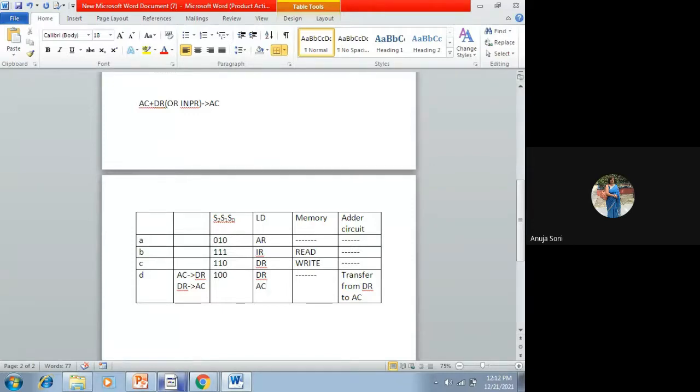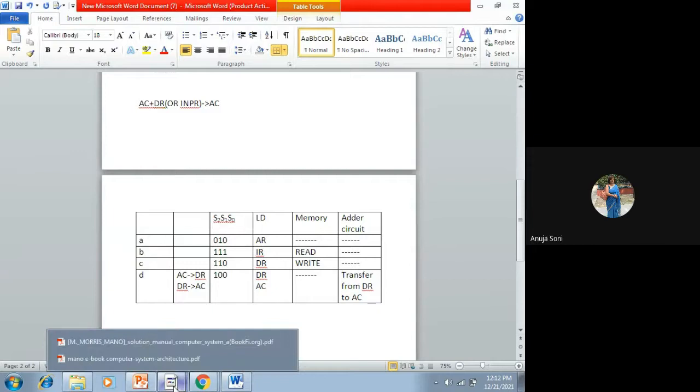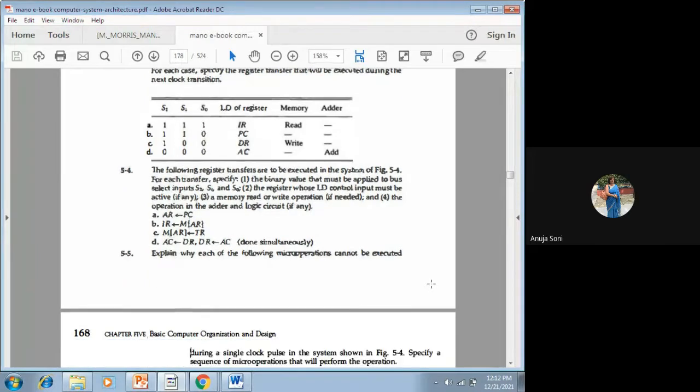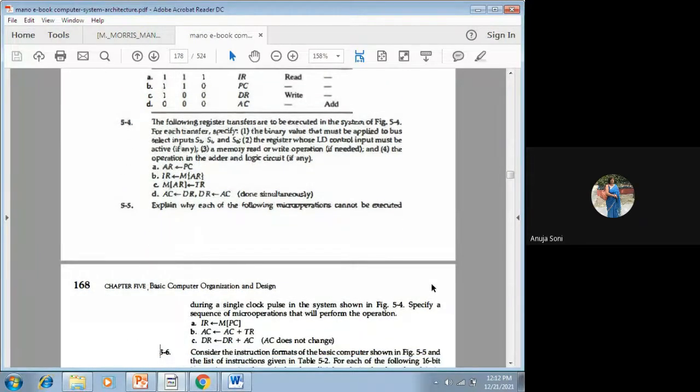Next is question number 5. Question number 5 is, let me see. अच्छा, आपकी इस केस में I think the same question is written, same statement. AC does, no, this is not the same, right?